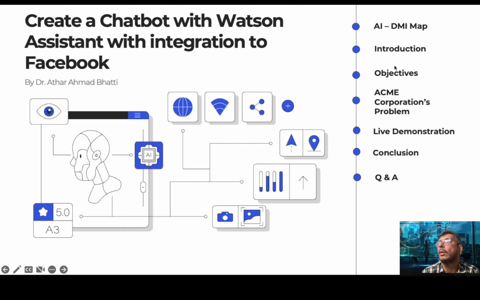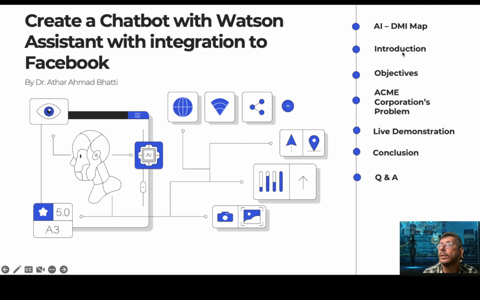The agenda of this presentation is, first I will go through the artificial intelligence DMI map, which is basically my guide when I'm looking at the different products and different AI solutions that I've been proposing to all of you. So there is a plan, and I am following a roadmap. Today you'll be able to understand what roadmap I'm using in order to present the various solutions.